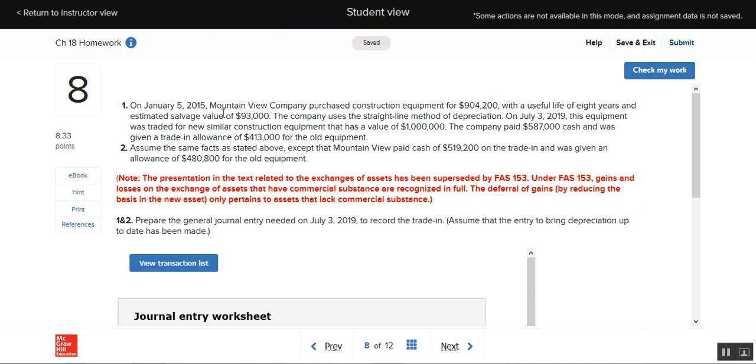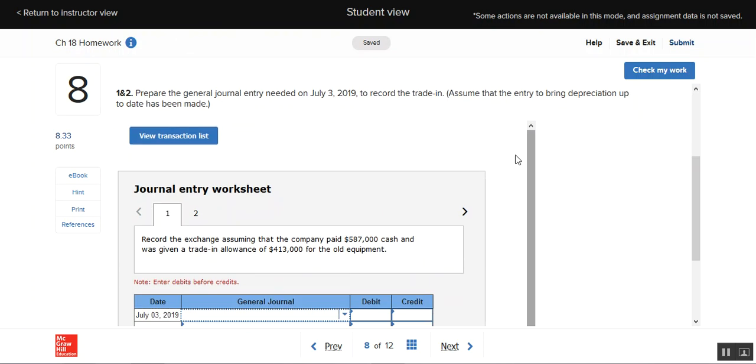So it looks like my depreciation is $101,400. And what did I say? It was 2015, 2016, 2017, 2018, and half of 2019. So 4.5 years of that depreciation rate. Looks like we had accumulated depreciation of $456,300.